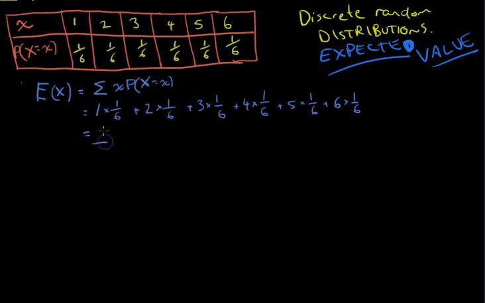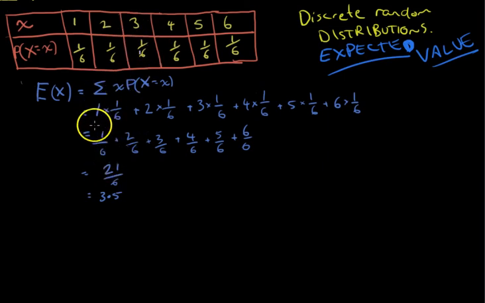Okay, that's equal to 1/6 plus 2/6 plus 3/6 plus 4/6 plus 5/6 plus 6/6. Now that should be equal to 10, 15, 21. That's 21/6, which is equal to 3.5. So our expected value when we roll a dice is 3.5.